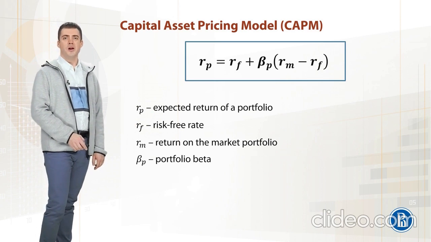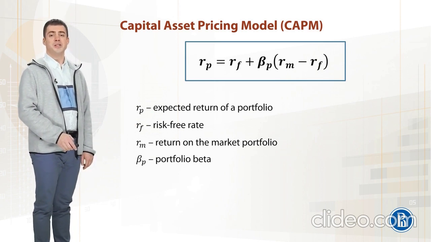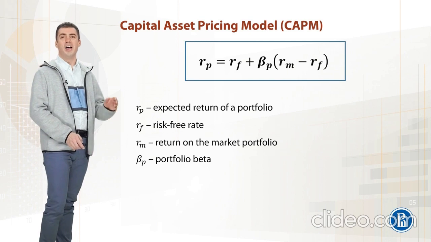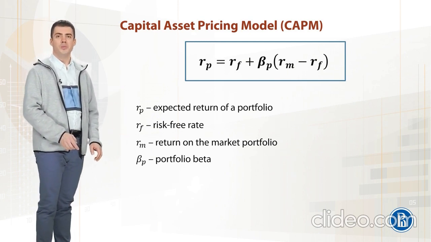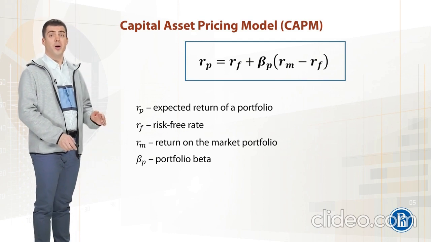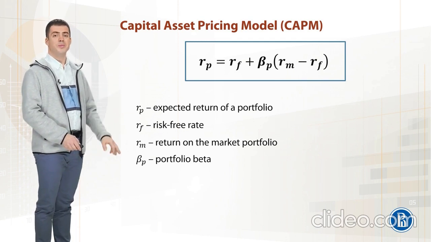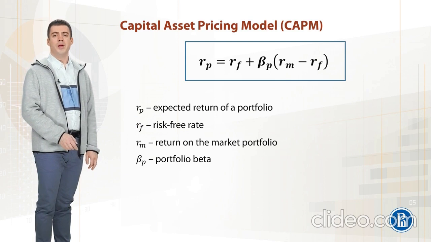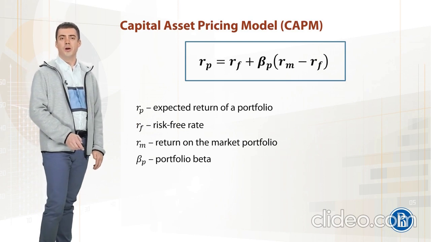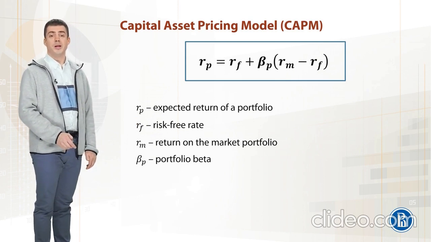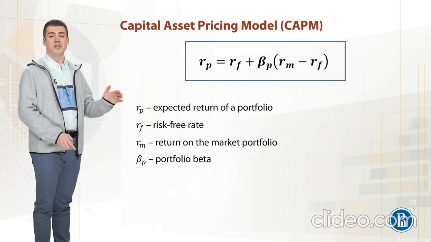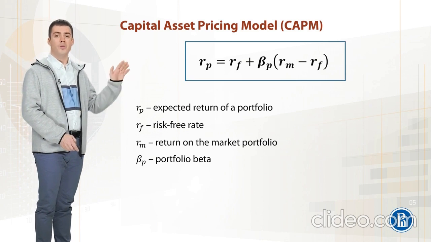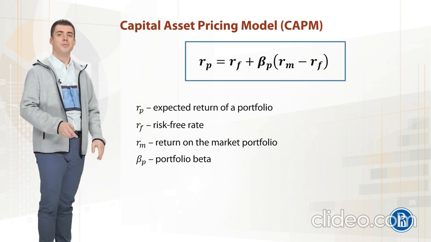This is based on the idea of systematic risk, otherwise known as non-diversifiable risk, which investors need to be compensated for in the form of the risk premium. A risk premium is the rate of return which is greater than the risk-free rate. When investing, investors always desire a higher risk premium when taking on riskier investments.